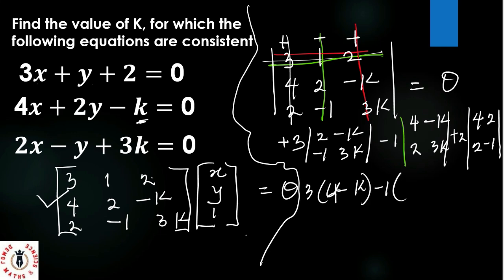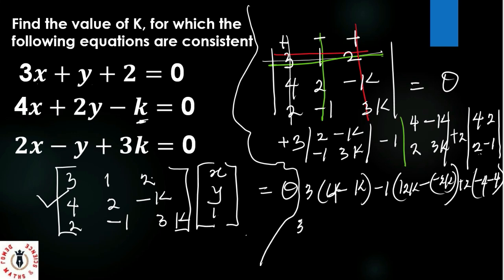Minus 1 into 4 times 3k, that's 12k, 2 times minus k, that's minus 2k. Now here I have plus 2 into 4 times minus 1, that's minus 4, minus 2 times 2, that's 4. I can close my bracket.